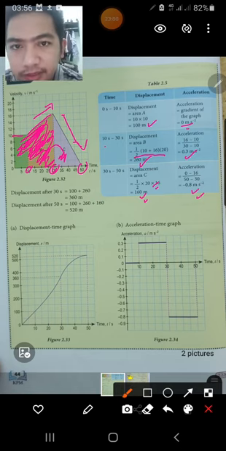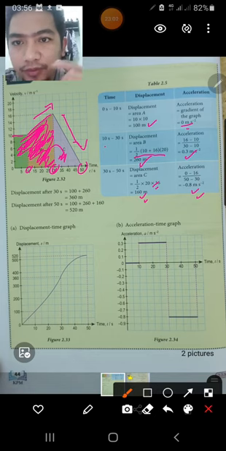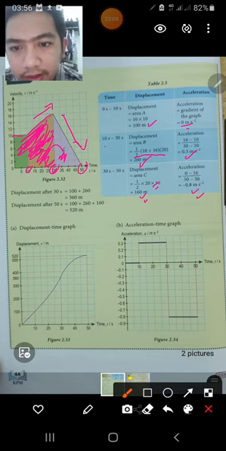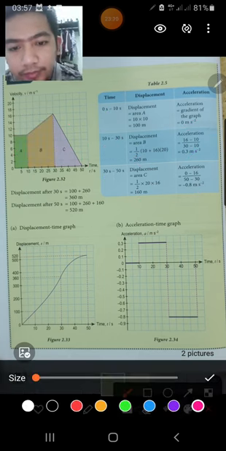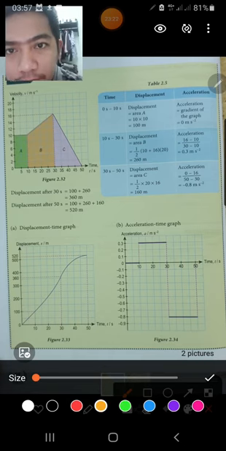First, sketch the displacement time graph from the velocity time graph. Okay, we have 3 sections earlier. Alright, displacement for 0 to 10 second, let us erase first. Let us look at this one. From 0 to 10 second, the displacement is 100 meter.